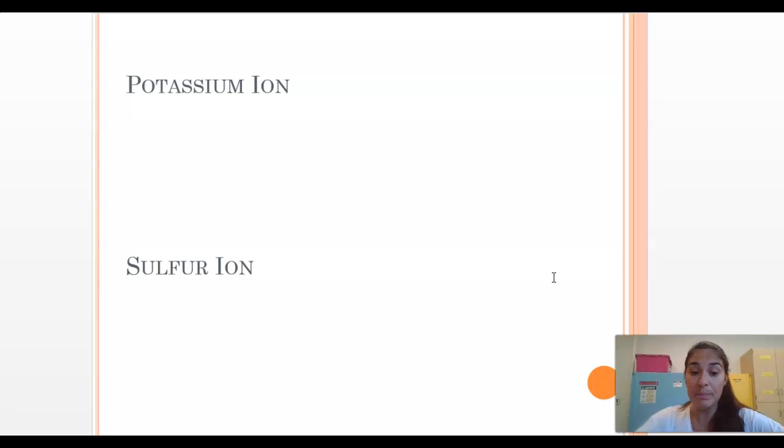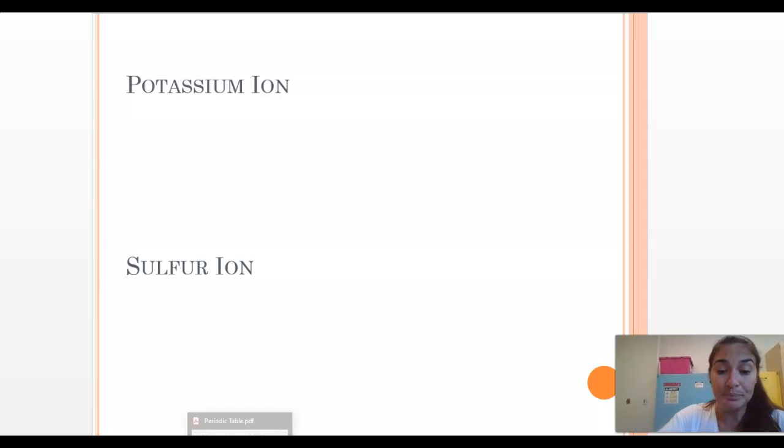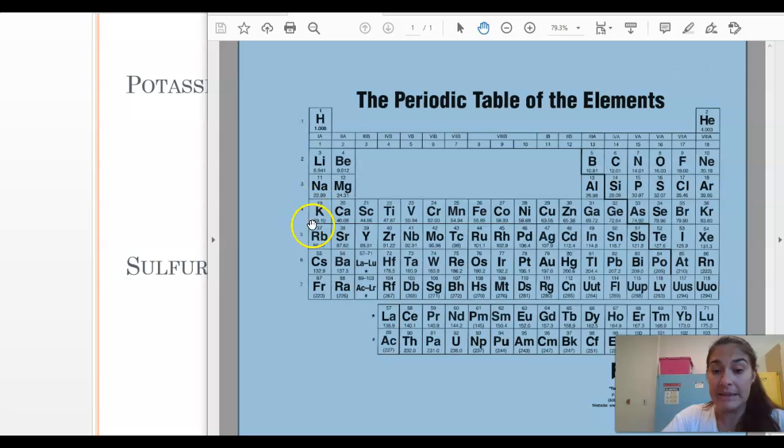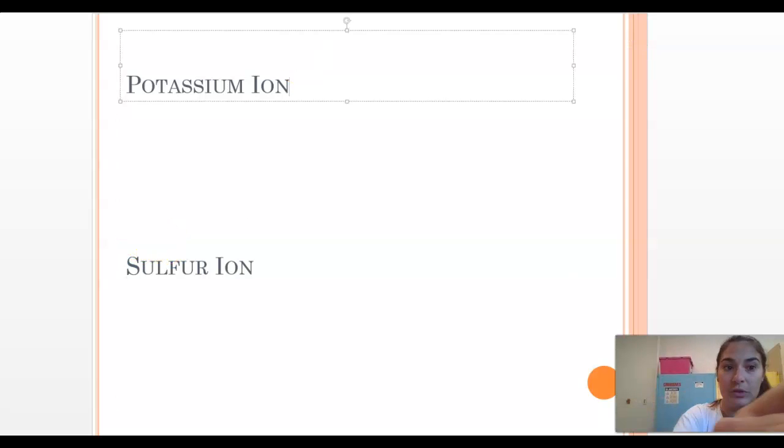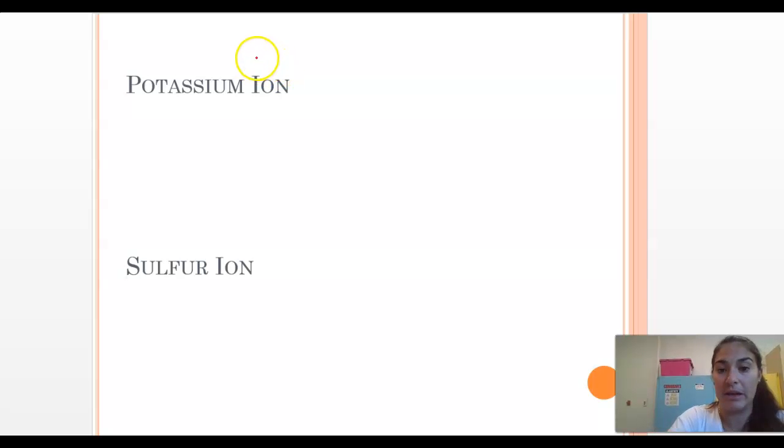So for example, potassium ion. Potassium is element 19. So I will have to tell you what these charges are. So potassium ion is going to be +1. And so that means that there is 1 less electron.